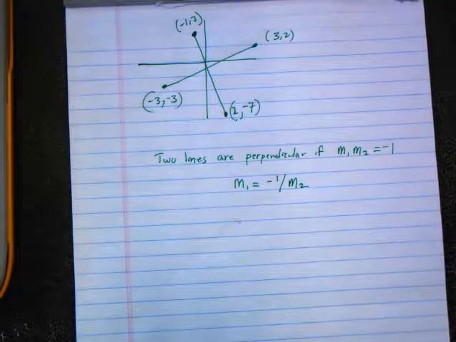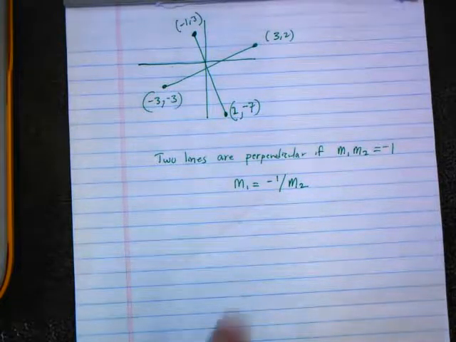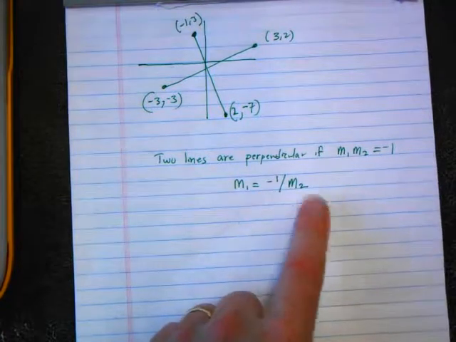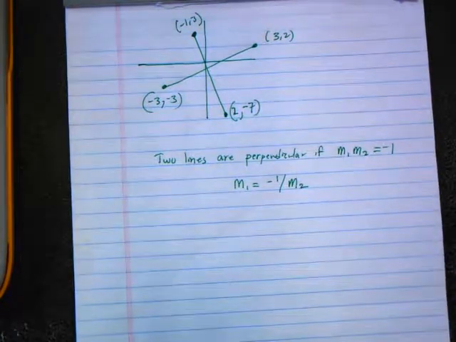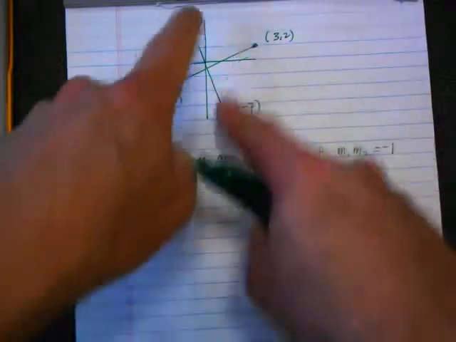You said the slopes are negative reciprocals, which is a fancy math word for flip it and slap a negative on it. Correct. That's what negative reciprocals mean. Flip it and slap a negative on it. Slap it good. Right.